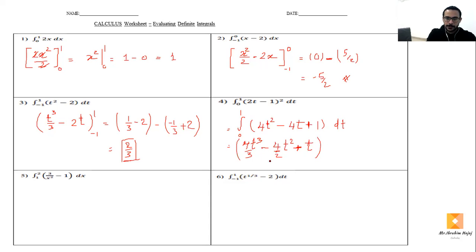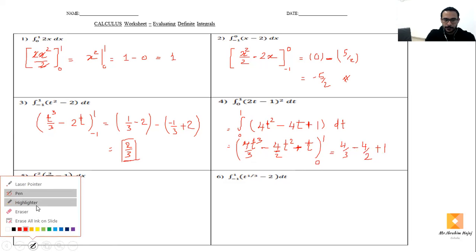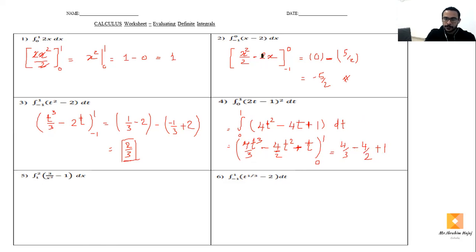Okay, and then evaluate this twice. With 0 as the lower limit of the integration, we substitute 1 only for t. So 4 over 3 as it is, minus 4 over 2, plus 1 when substituting.